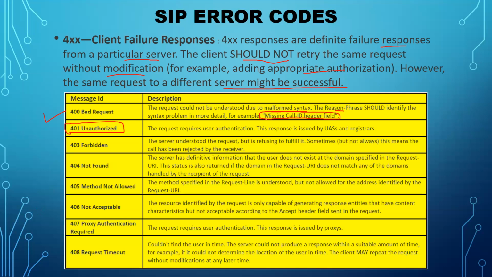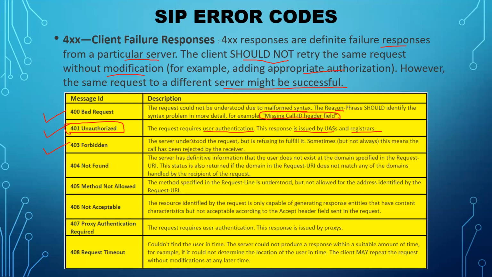400 Bad Request means malformed syntax, the syntax is not correct. Then we have 401 Unauthorized, right? When we get this, what does it mean? The request requires user authentication. If you do not modify anything and retry the same, you will get 401 Unauthorized again, right? This response is issued by servers and registrars. Then we have 403 Forbidden.